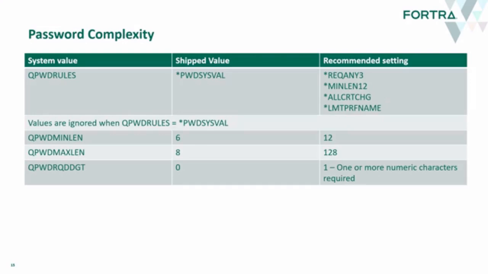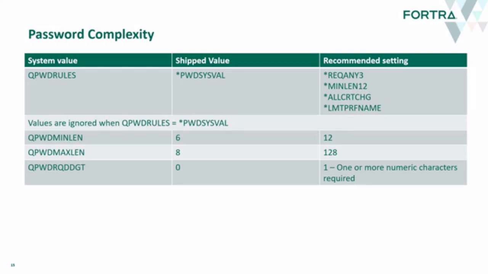So when we talk about complexity, right, we talked about length, and that is really important. But when we talk about the way that we compose those passwords, we can encourage our users to have stronger composed passwords, right? So what I've got here is the shipped value for the QPWDRULES system value is *PWDSYSVAL.